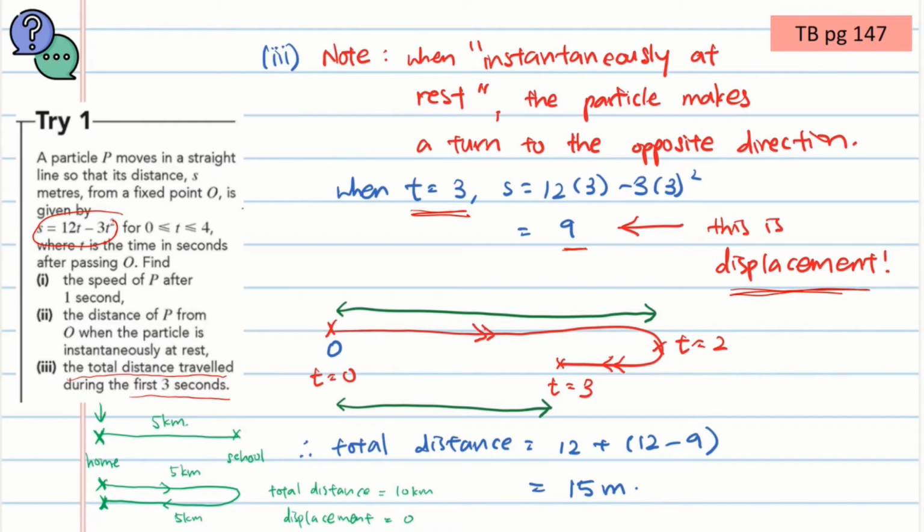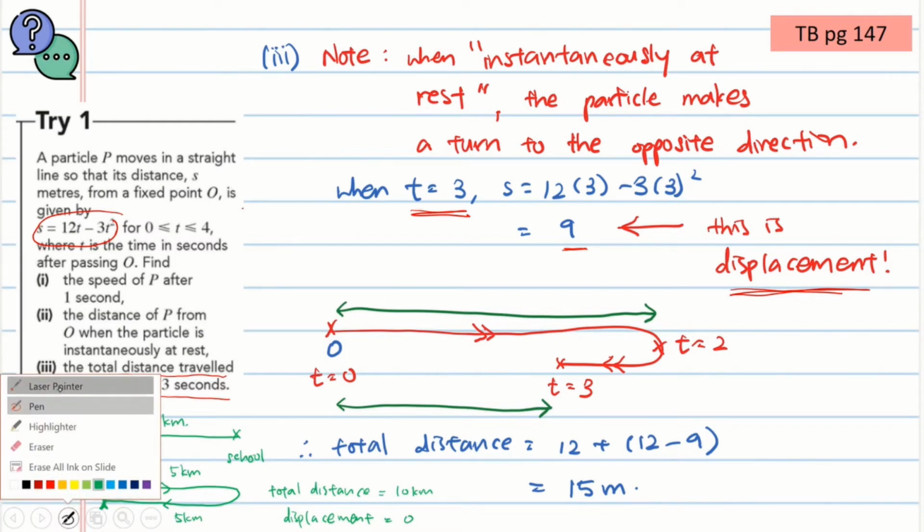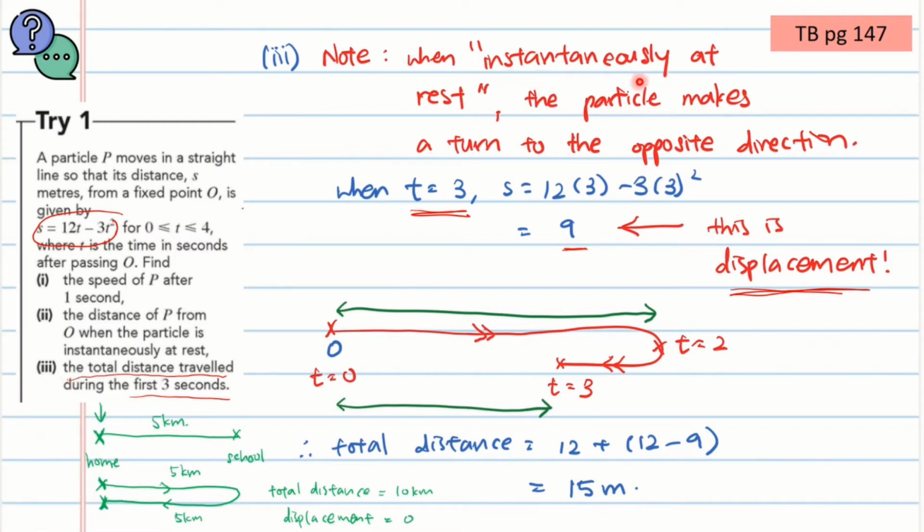All right, so now going back to this question in part 3, we understood in part 2 that the particle is instantaneously at rest. This was a very helpful thing because when a particle is instantaneously at rest, it actually makes a turn to the opposite direction.